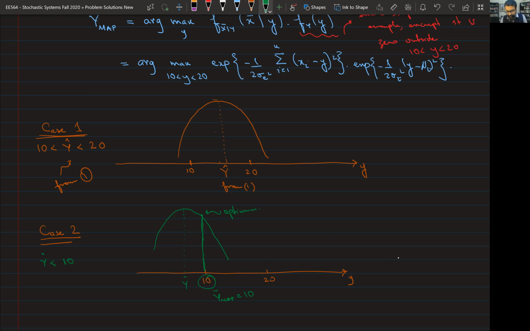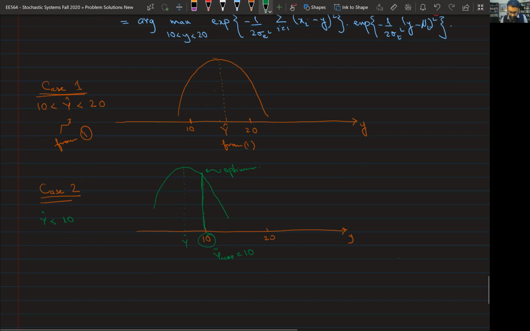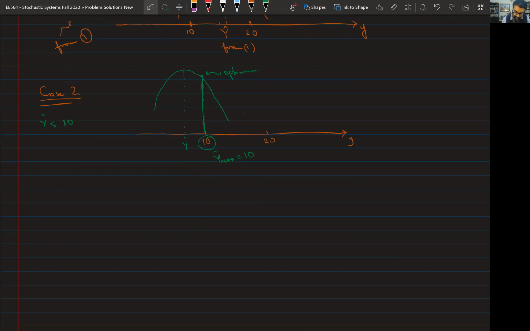So this is case 2. I can describe another case, which is case 3. If this is the real number line of y, this was 10, this was 20, and the objective function may look like this.